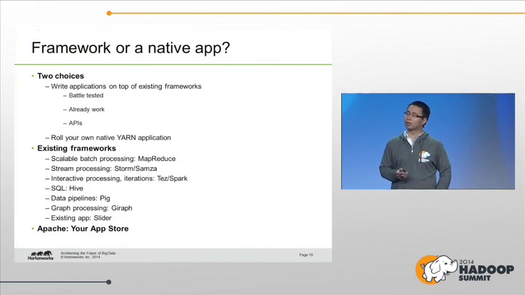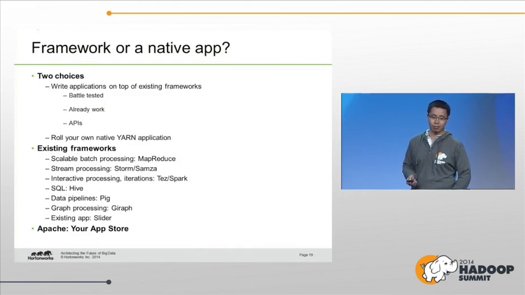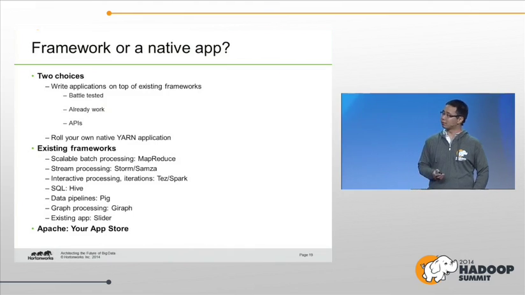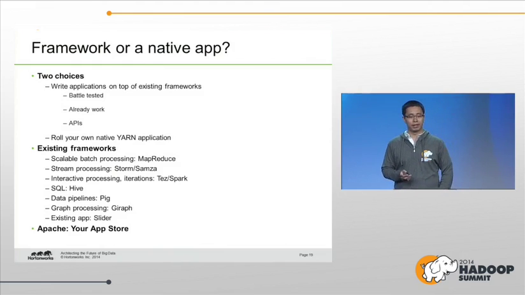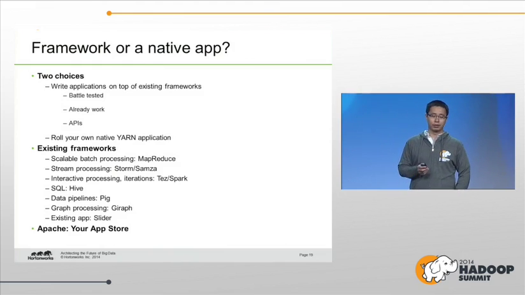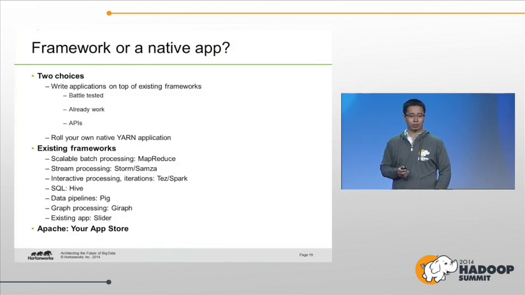If you want to do interactive job processing and iterations, you may want to choose Apache Tez and Spark. If you would like something similar to SQL, you may want to choose Hive. You can also use Pig for the data pipeline and Giraph for graph processing.